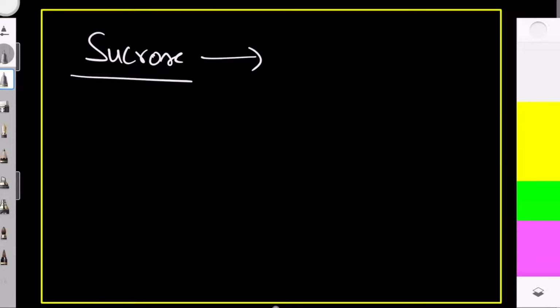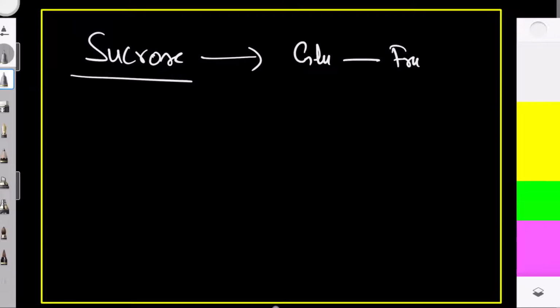Now, try to see. In the case of plant, you must be knowing that sugar is being transported in the form of sucrose. So majorly you know that by way of photosynthesis, the plants are going to synthesize sugar in the form of glucose, and later this sugar is being transported in the form of sucrose. And hopefully you remember that in case of sucrose, you are going to see glucose and fructose.